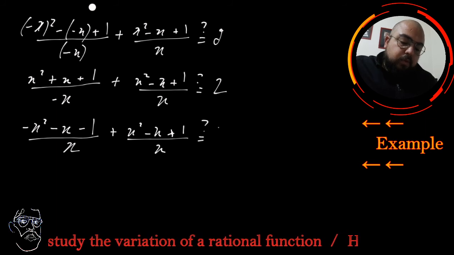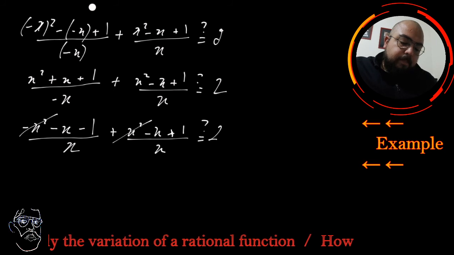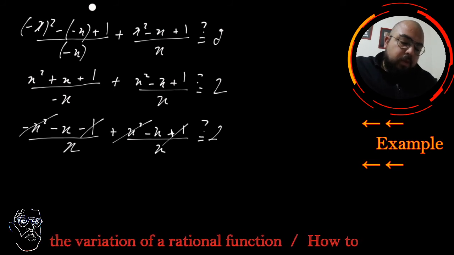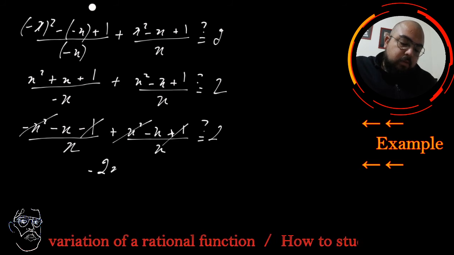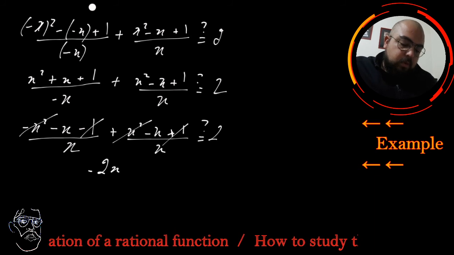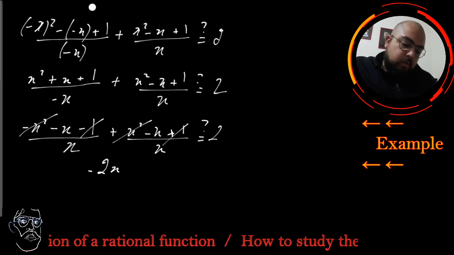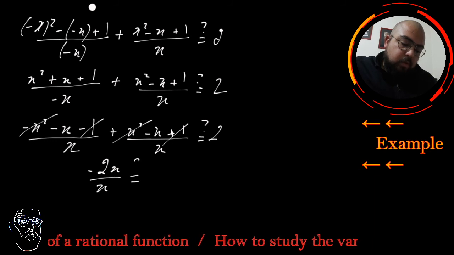Will it be equal to 2? As you can see, minus x squared plus x squared plus 1 minus 1, so I will have minus 2x. So I just have to say that minus 2x over x equals minus 2?